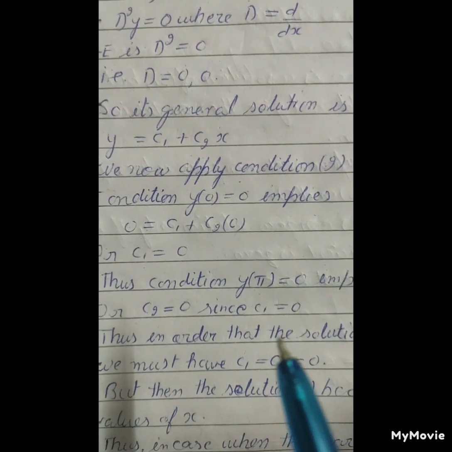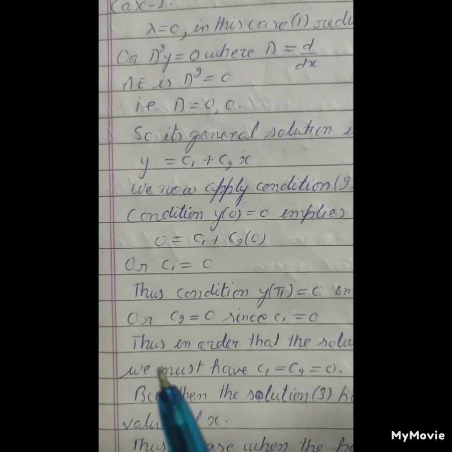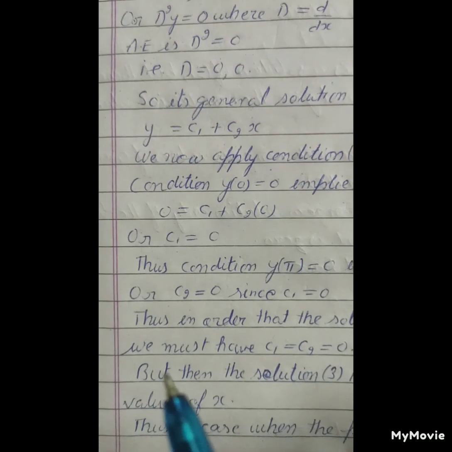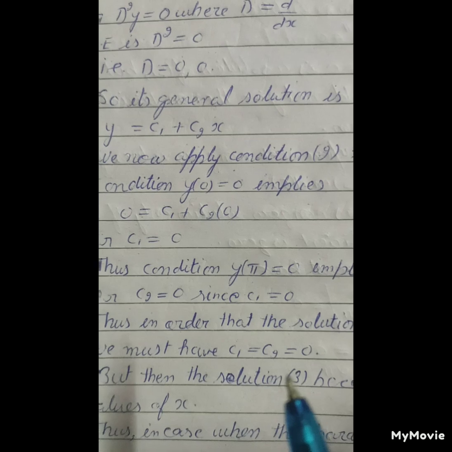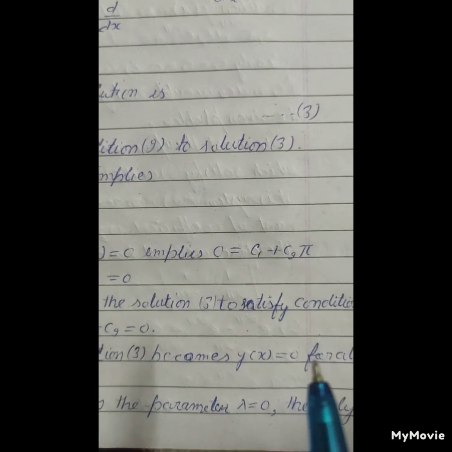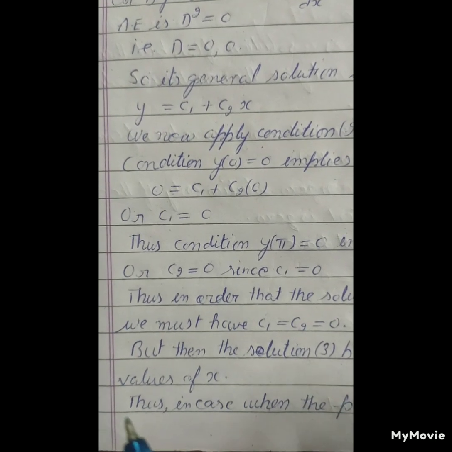Thus, in order that the solution 3 satisfy the condition 2, we must have c1 = c2 = 0, but then the solution 3 becomes y(x) = 0 for all values of x.